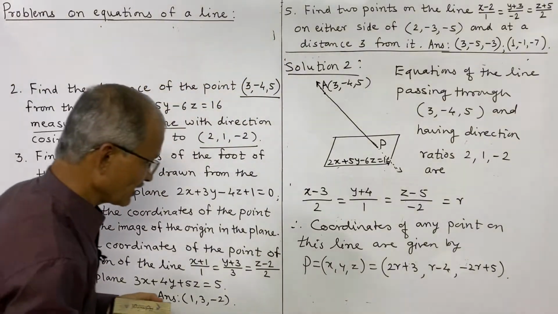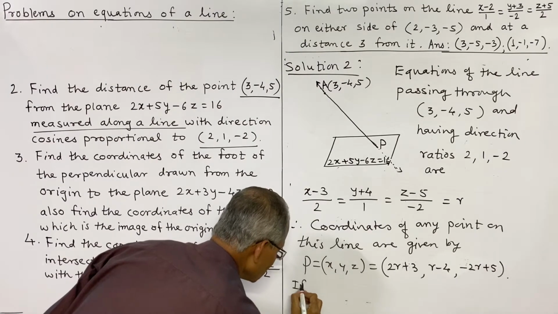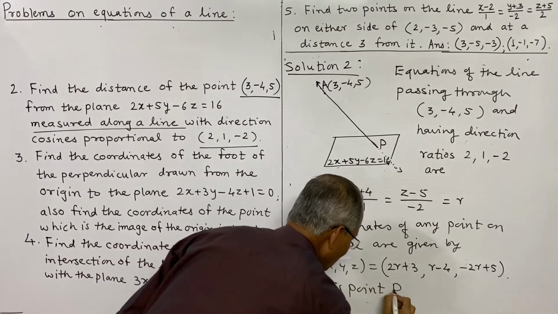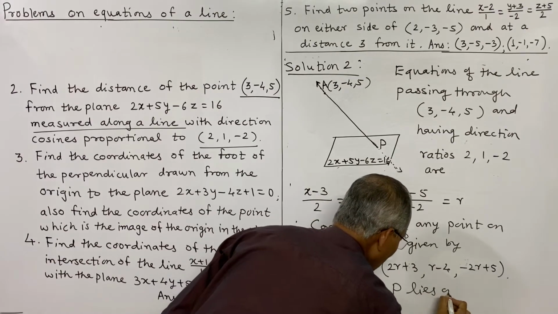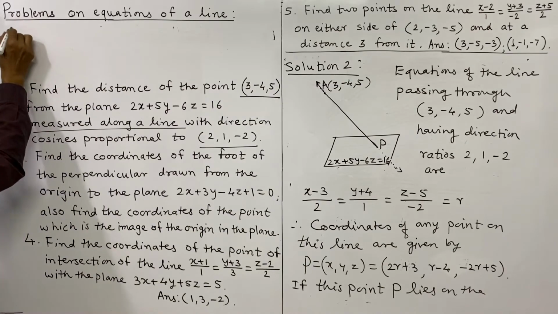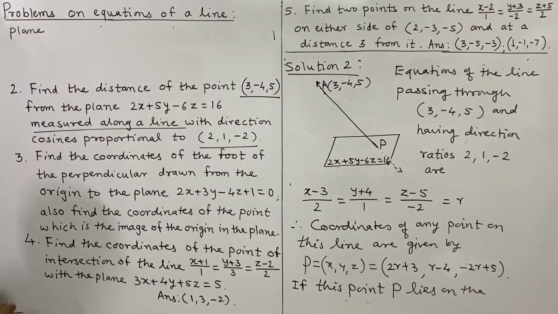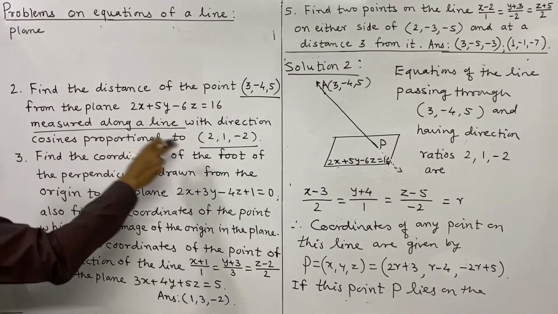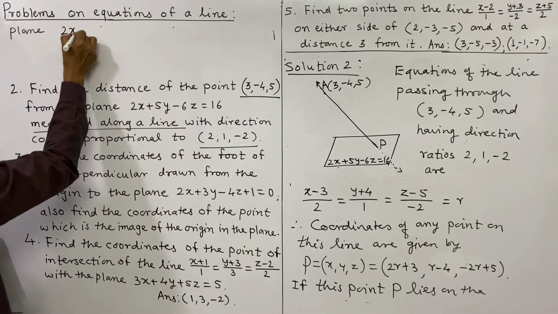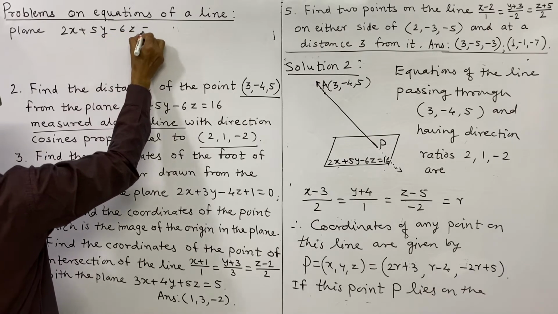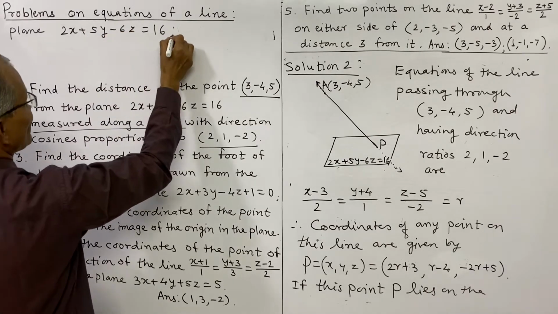If this point P lies on the plane, the plane is 2x plus 5y minus 6z is equal to 16.